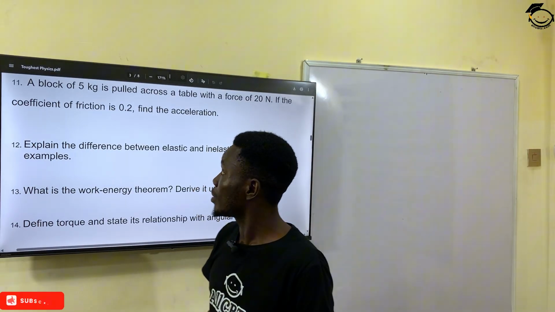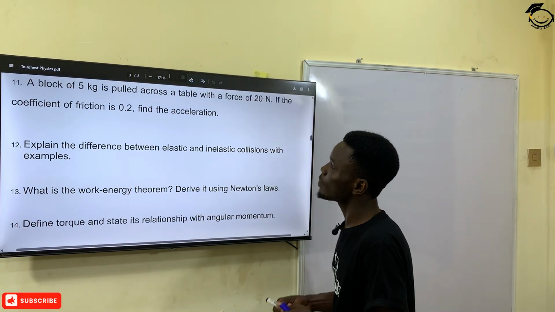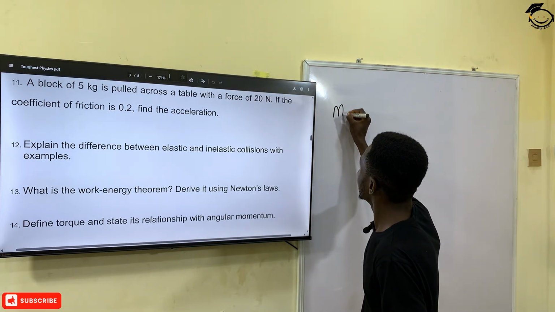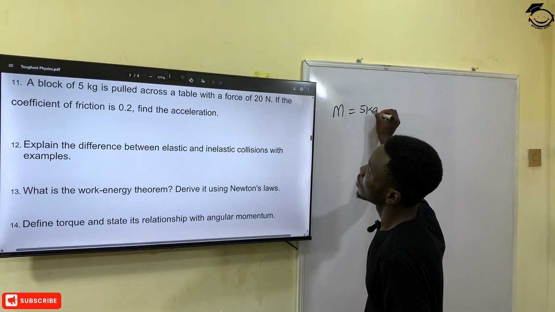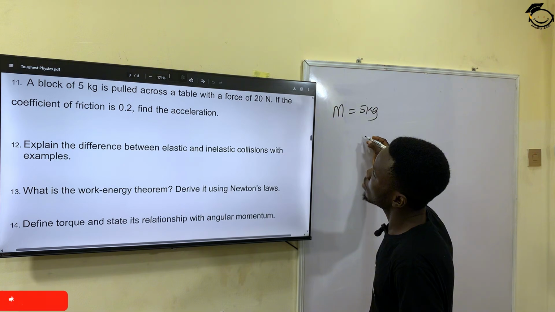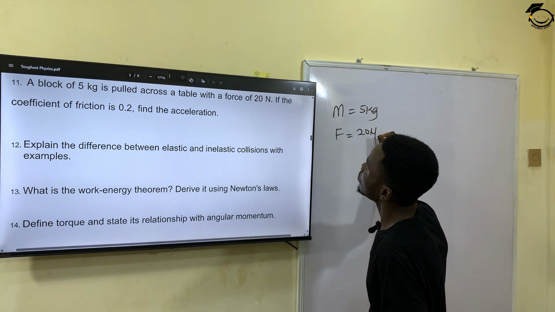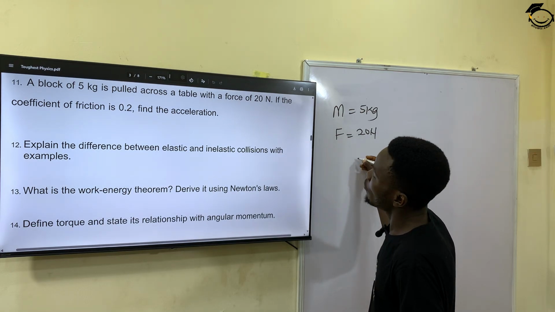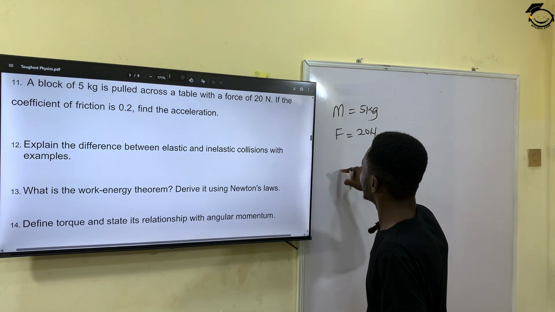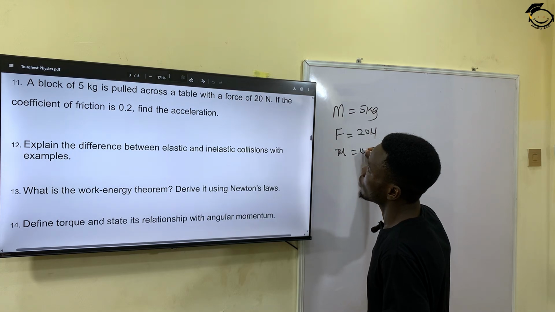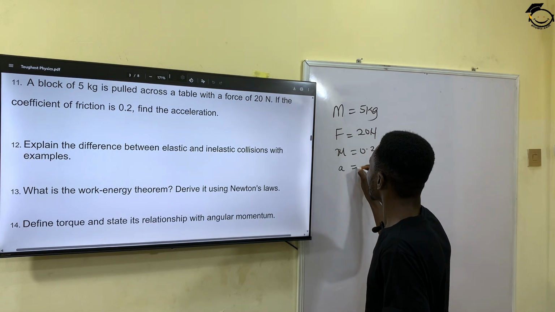That takes us to question number 11, which says a block of mass 5 kg is pulled across a table with a force of 20 Newton. So we have our mass as 5 kg and a force of 20 Newton. If the coefficient of friction, my mu, is given as 0.2, we have to find the acceleration.